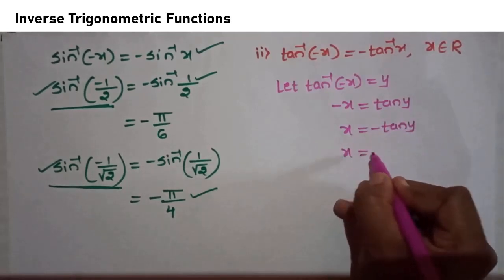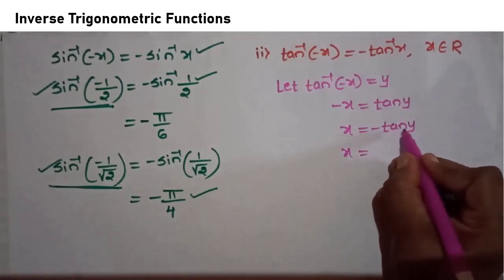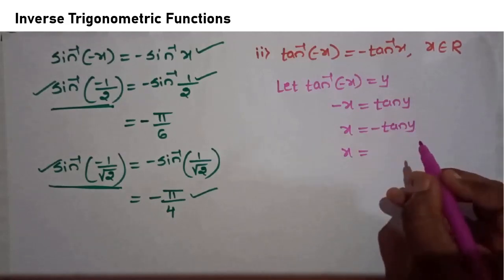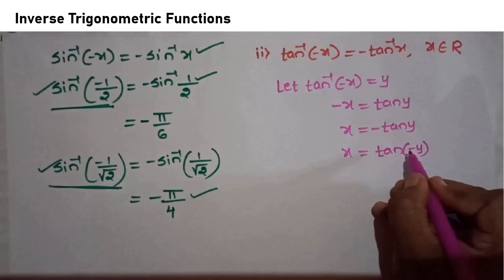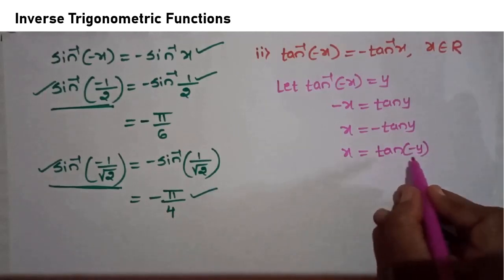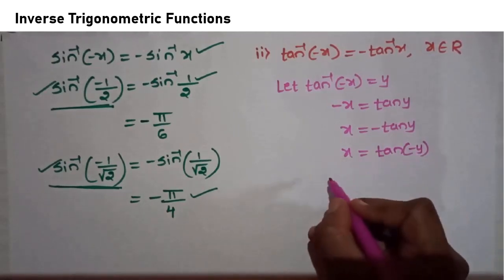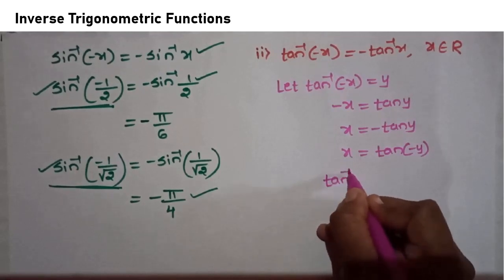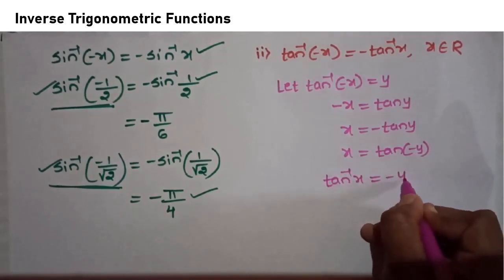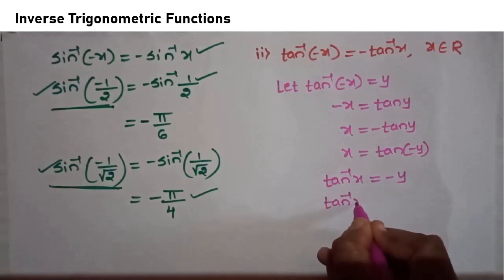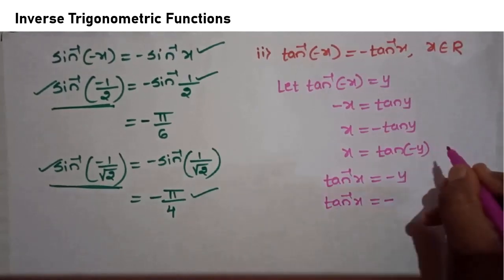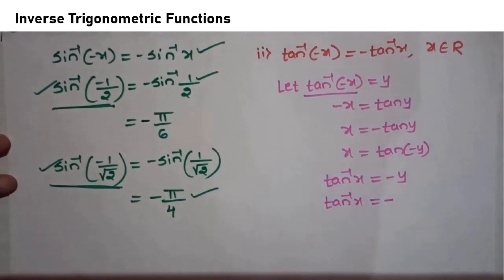As you know already, tan of minus theta gives minus tan theta. Therefore, minus tan y, I am writing as tan of minus y. If x is equal to tan of minus y, we can write this as tan inverse x is equal to minus y. Already you know the value of y, because we took y as tan inverse of minus x.